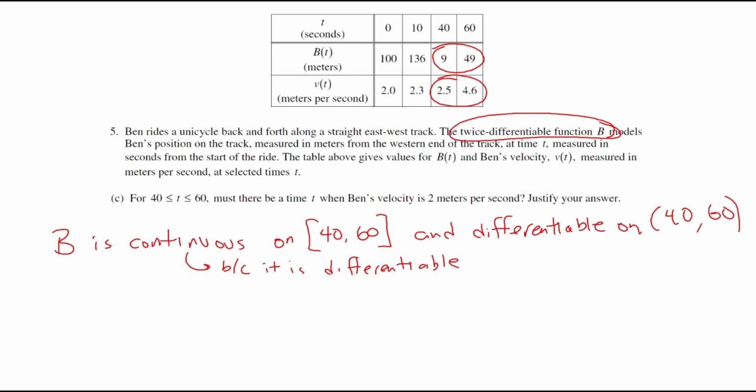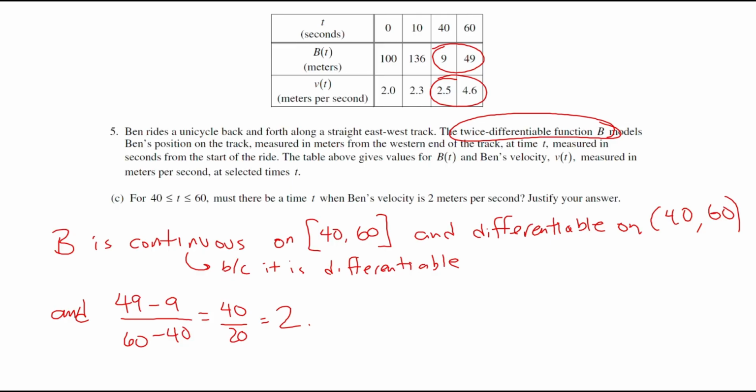And then we can look for the average rate of change on that interval. The average rate of change is just going to be 49 minus 9 over 60 minus 40. Well, that equals 40 over 20, which is just 2.